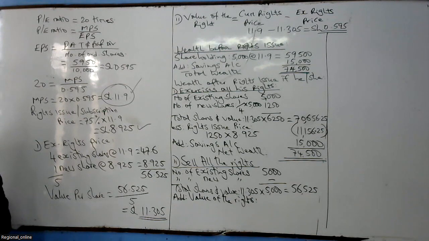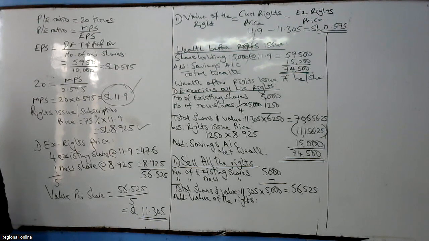How many? 1,250 or 5,000? Check multiple choices. 5,000 or 1,250, you can guess either. 1,250. You are happy to go. Thank you. 1,250 shares in here.